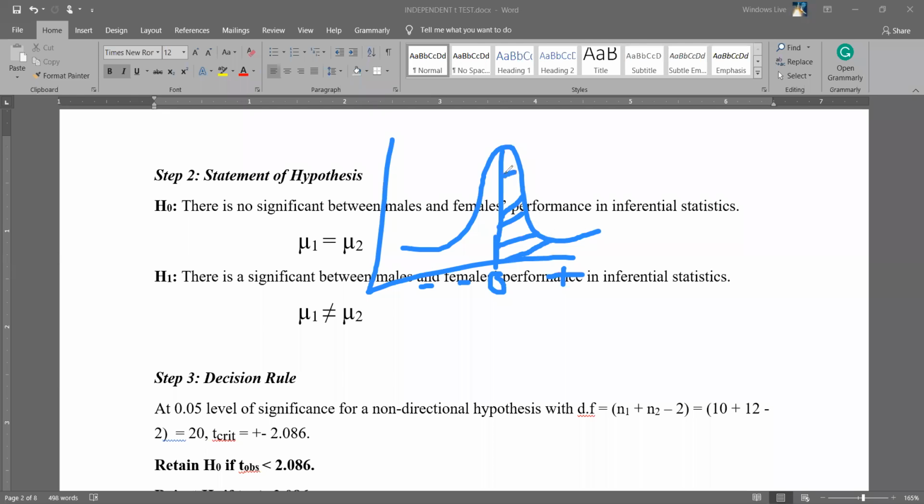But here they said there's a difference, so we don't know whether males were higher or lower. Our scores could fall around either the negative side or the positive side. We don't know for sure. That's why we call it two-tailed or non-directional hypothesis, because we don't know which group is positive or which is negative.